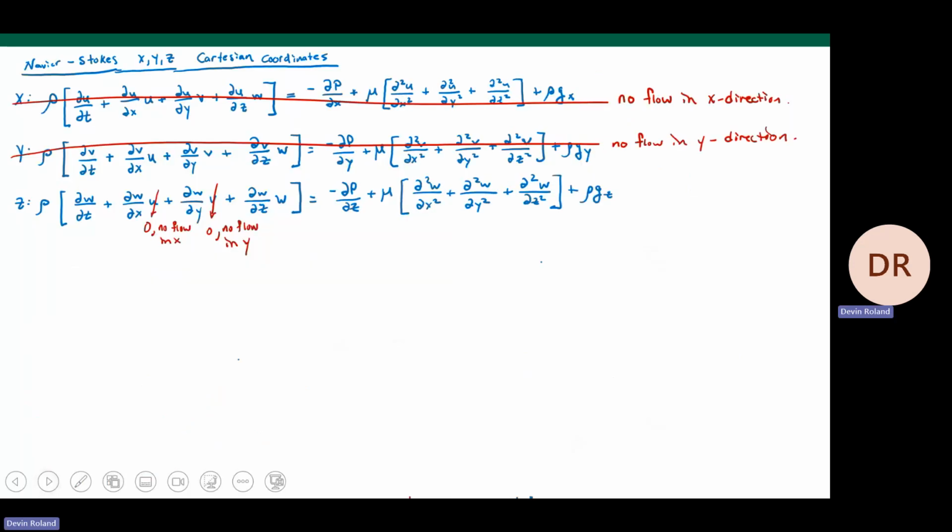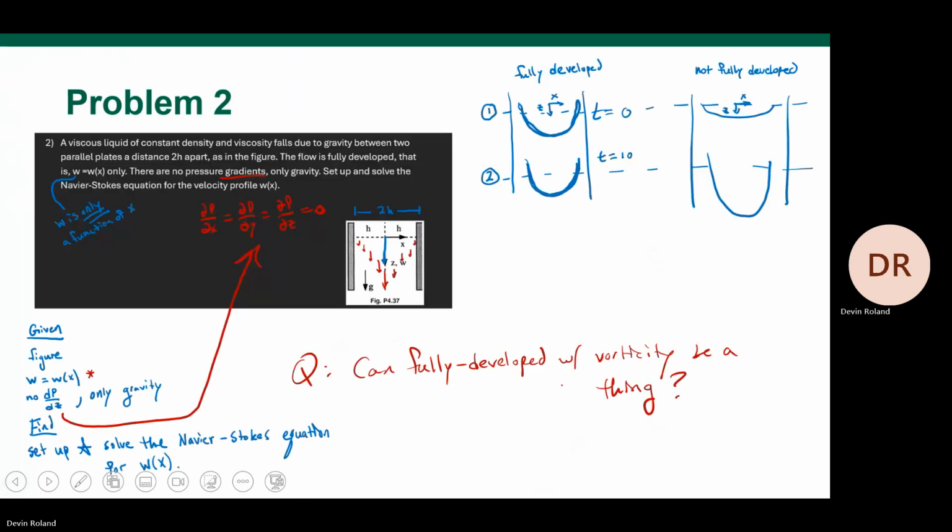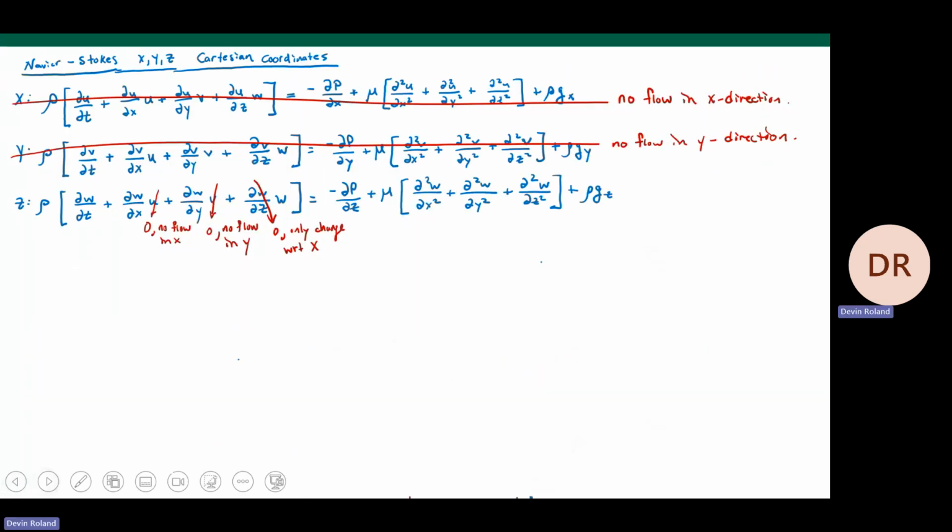So that means that the derivative of w with respect to z is 0 because it only changes with respect to x. W only changes with respect to x, so that zeroes out those three terms.